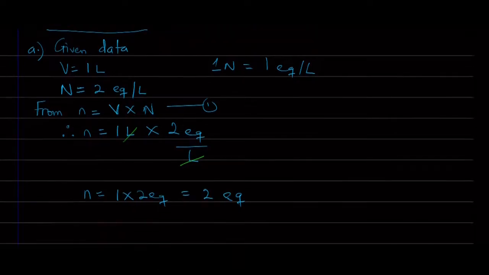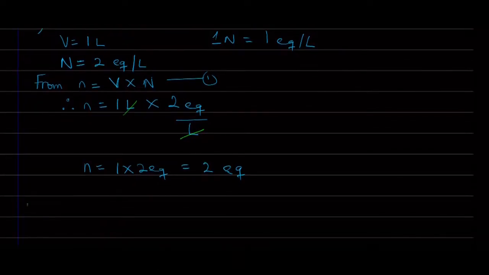So let's look at the B part of the question. The B part says 1.0 liter of 0.5 normality solution. So we still have the same parameters. The volume is given as 1 liter as well. Then the normality value is 0.5 equivalents per liter. So our number of equivalents equals volume times normality of the solution.